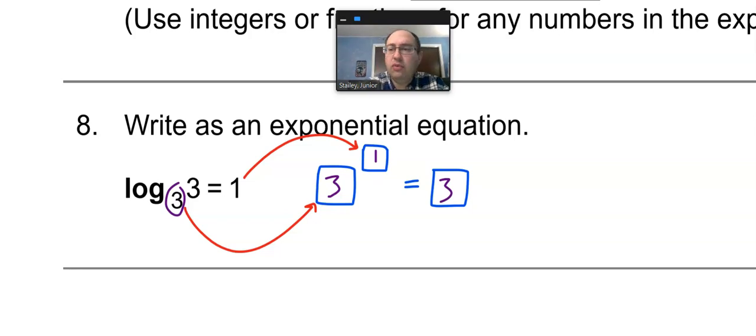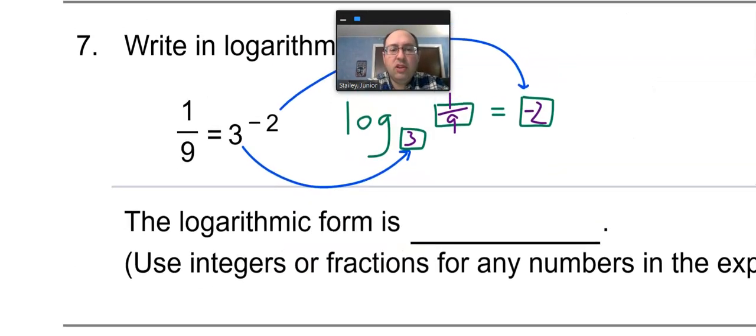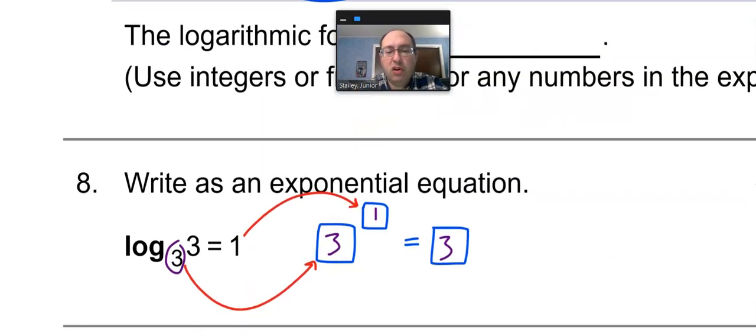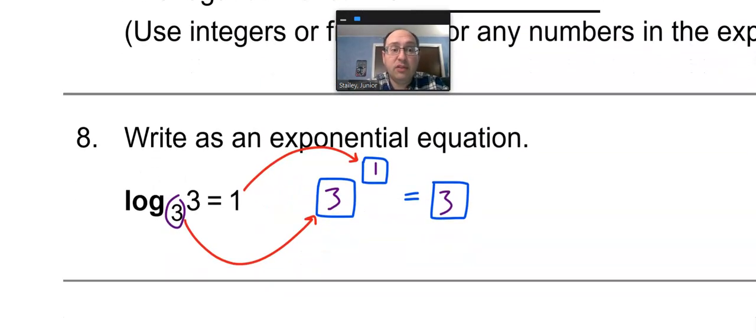Obviously, you do not have to. These questions were going from exponential form to log form, and now we are going the other direction, log to exponential. But I use the boxes just to help focus your attention. You've got base, exponent, equals, argument, and so we're just filling stuff in as we go.